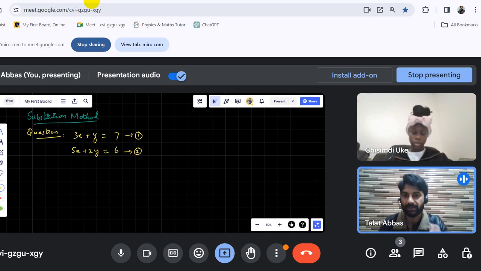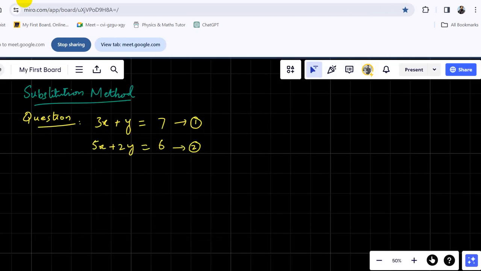So why is it so? For example, if I target this 3x, basically what we do in the substitution method is separate this variable. The targeted variable should be separated. So this will be 3x equals 7 minus y, and then x will be (7 minus y) upon 3.